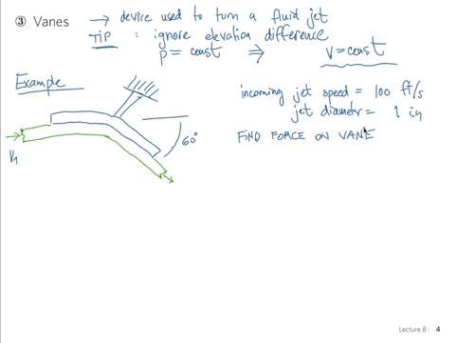So now we have to probably go to the back of the book and get some properties. We're working in British units here, so rho is equal to 62.4 pounds mass per cubic feet. This is a water jet. By Bernoulli we have V1 equal V2, so V is constant.